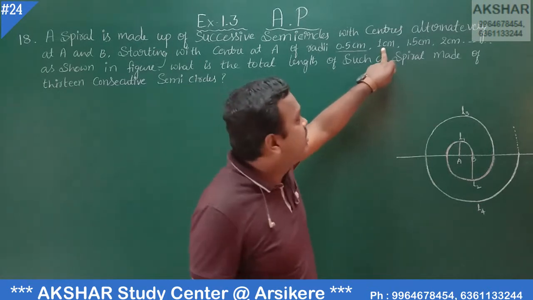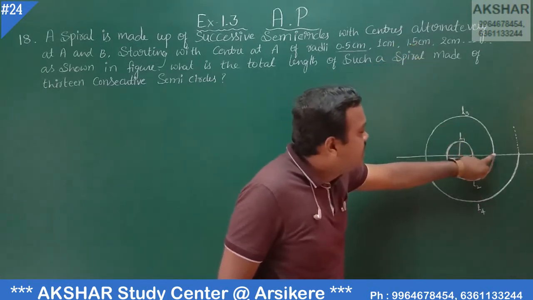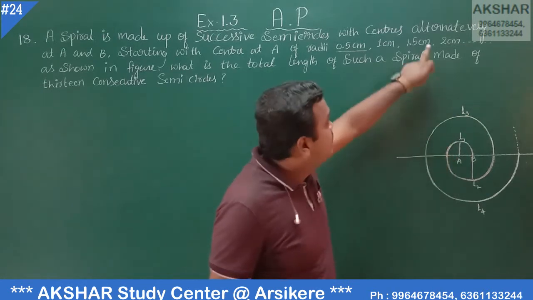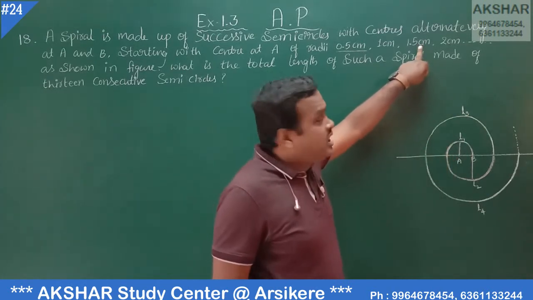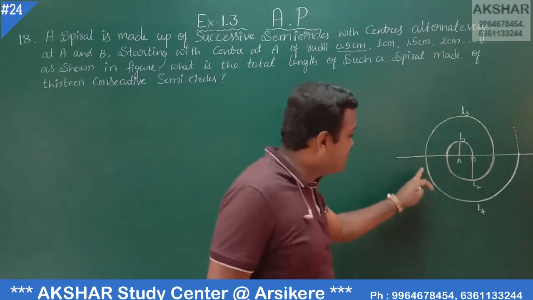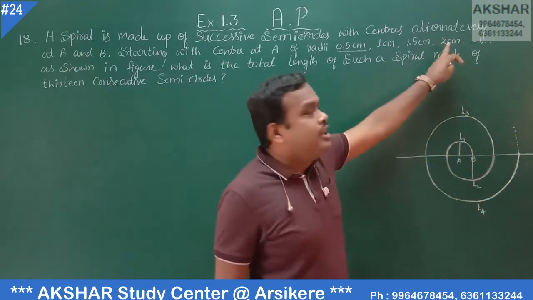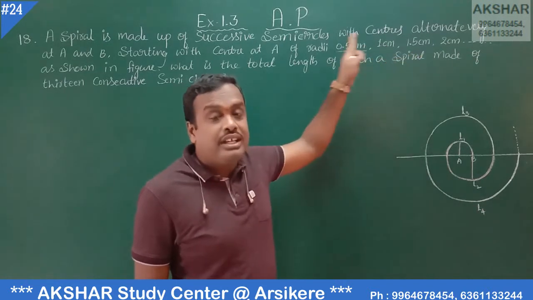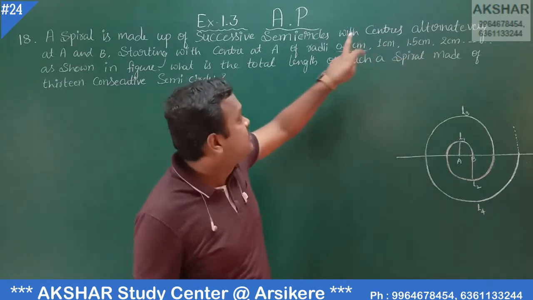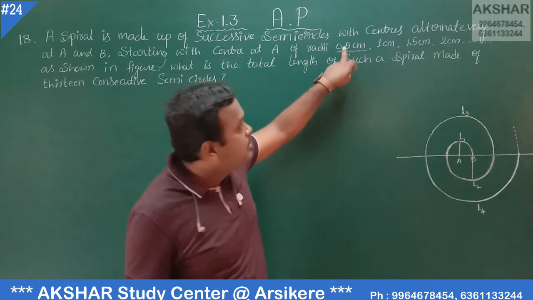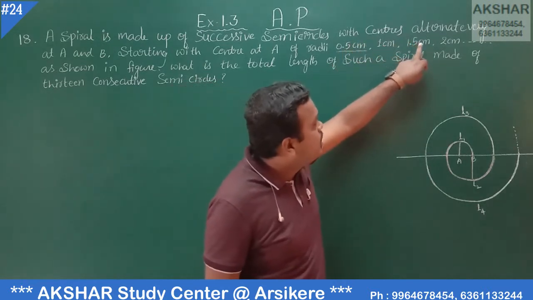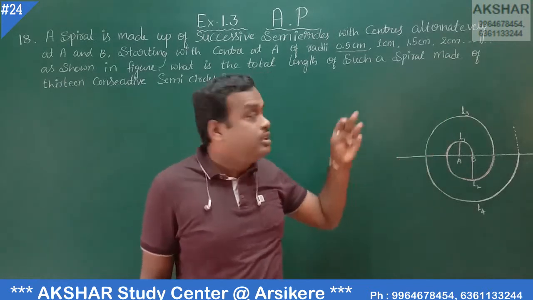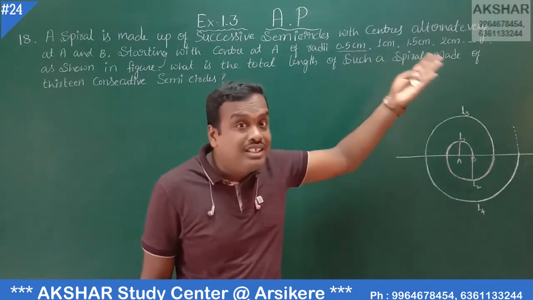In the same way, the radius of the third semicircle, from center A, will be 1.5 centimeter, and the radius of the fourth semicircle will be 2 centimeter. That means for each semicircle the radius goes on increasing: 0.5, 1, 1.5, 2 centimeter and so on. Half a centimeter increases each time.